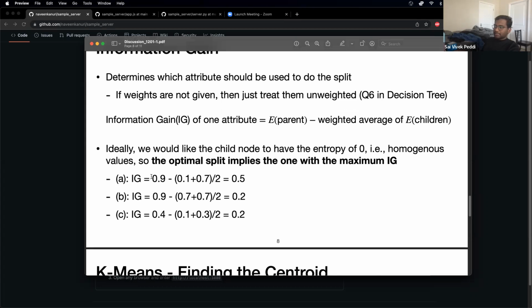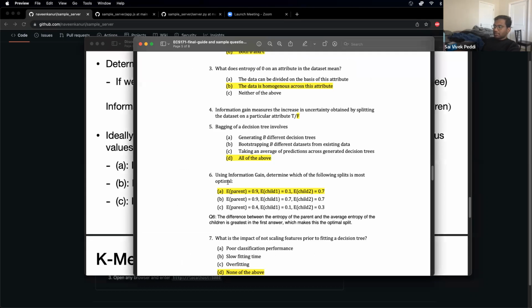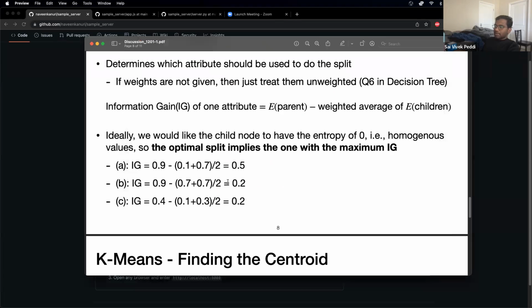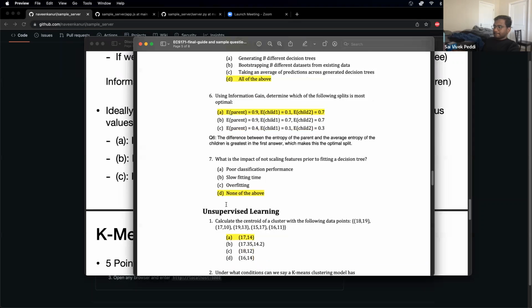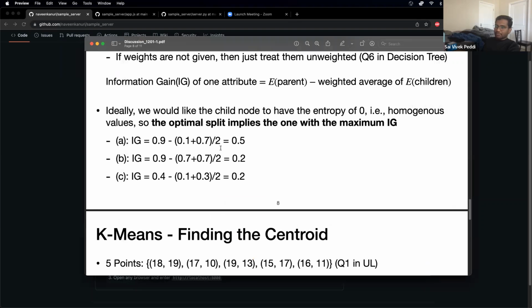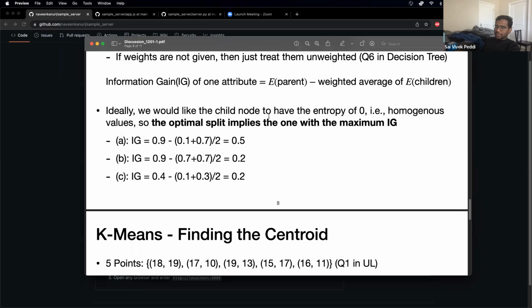Then from this we calculate the information gain: 0.9 minus (0.1 plus 0.7) by 2, because it's averaged between these two children. From there you get these information gain values. Because 0.5 is the highest, that split gives the highest information gain, so you will decide to do this particular split.